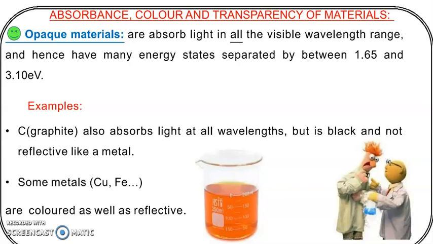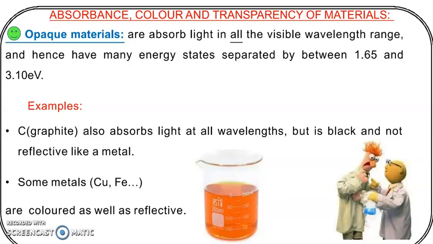Continuing this point, opaque materials. What are opaque materials? Opaque materials absorb light in all the visible wavelength range and hence have many energy states separated by between 1.65 and 3.10 electron volt.